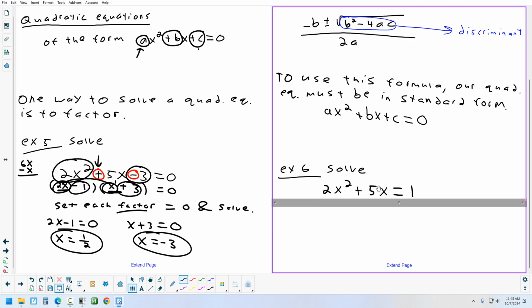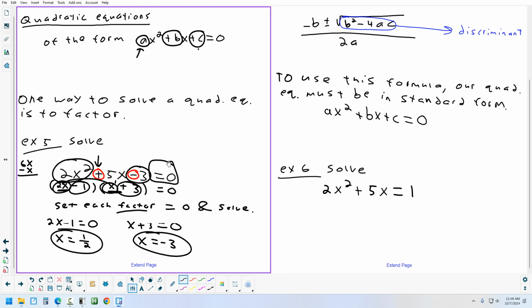Okay, so let's look at example 6. Is that equal to what it should be if we're getting ready to use quadratic formula? No. In fact, even if you're going to factor, I didn't say it here, but it does have to be equal to 0. I didn't mention it on the last one because it already was.